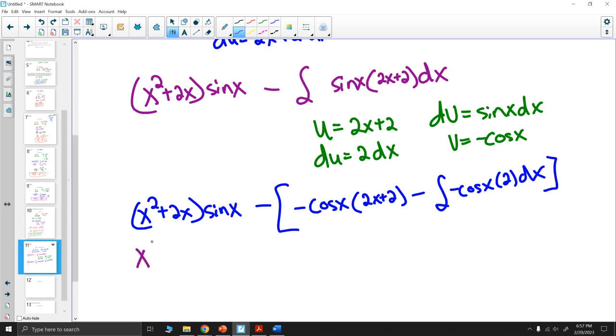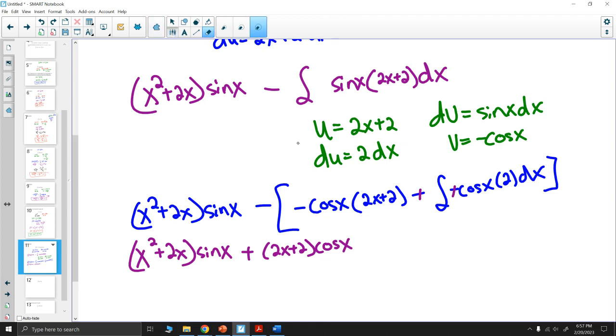Okay, so x squared plus 2x times sine x plus, I'm going to write it in front, 2x plus 2 cosine x plus, so this is a plus here, and it's a minus here, so it's really minus altogether because the minus gets distributed. The 2 would come out, so we'll pull that 2 out. The integral of cosine is sine, so it's minus 2 sine x plus c.